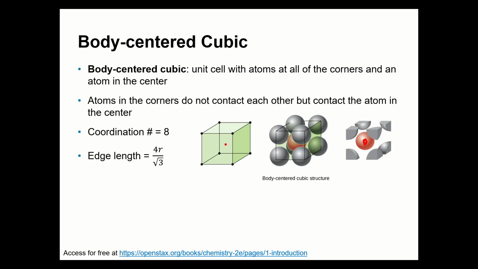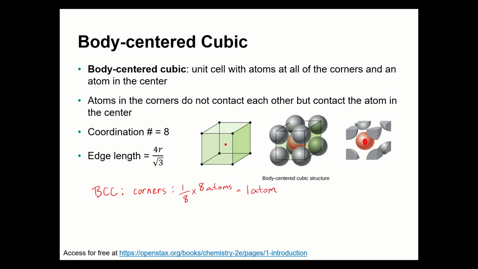And then if we want to look at the total number of atoms in the unit cell, so this is for a body-centered cubic, we've got in the corners, right, 1/8 of an atom, and there's 8 corners. Okay, so again, that comes out to be 1 atom.